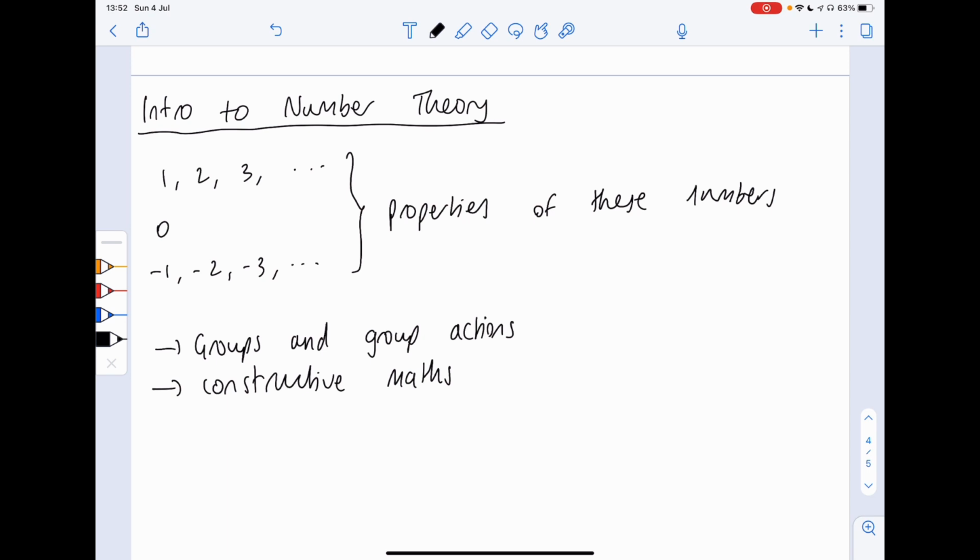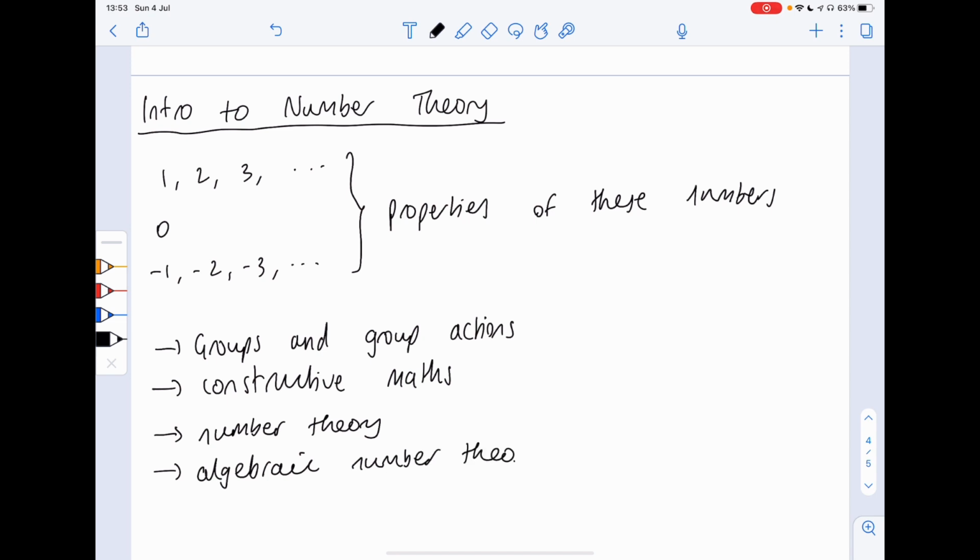And then in the second year, there is a course on number theory. And in the third year, there is a course called algebraic number theory. And from then on, in the fourth year, there are lots of different courses you can take that are very heavily related to number theory.